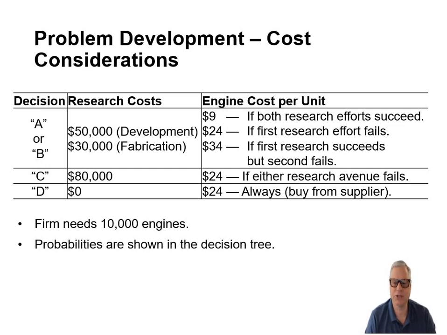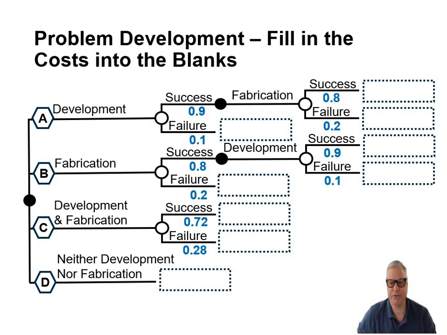But if that process fails, they also have to buy the engine at the price of 24. And decision D would be just to forego any research on development and fabrication and just buy from a third-party supplier. So the firm needs 10,000 engines, and the probabilities are now shown in the decision tree. So we need to fill that out with the information just given.